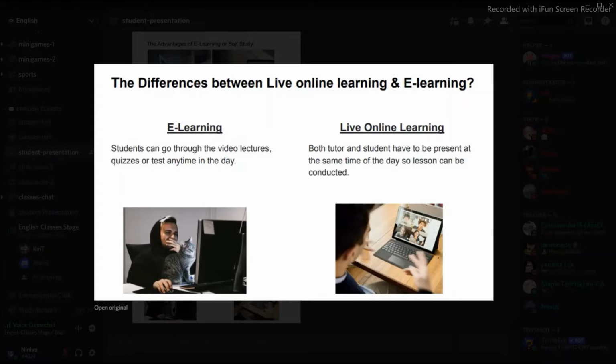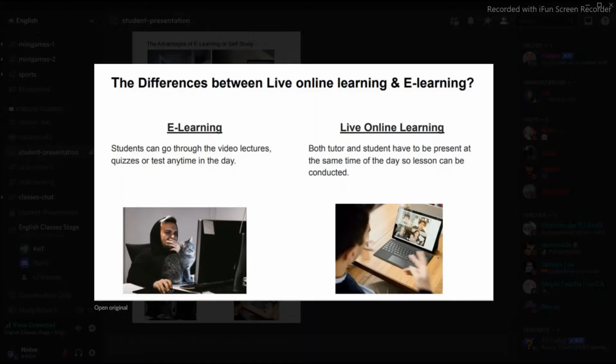About this one, we have to know that there is a difference between e-learning and live online learning. E-learning means that students can go through the lecture or the video or the article whenever they want, whenever they feel like it. It doesn't force them to go to some specific place or to attend the course at some specific time. But in live online learning, teachers and students have to attend the course at the same time, which means they have to be present.